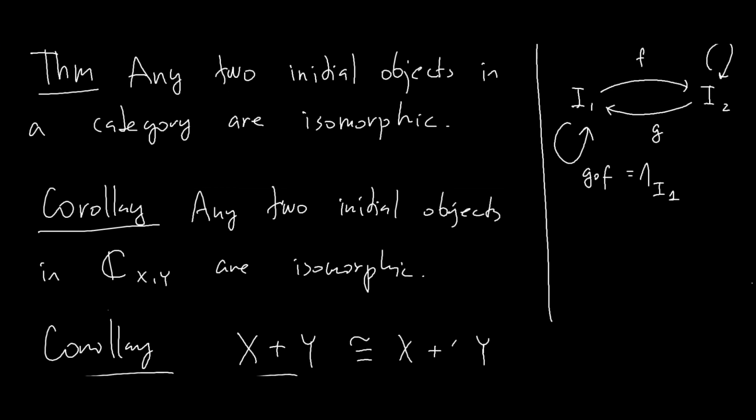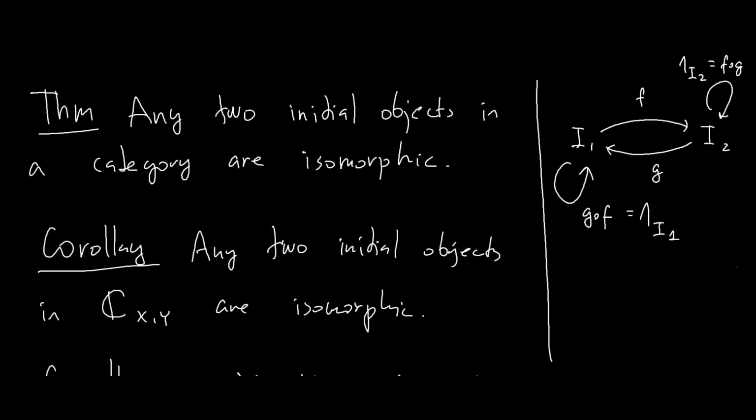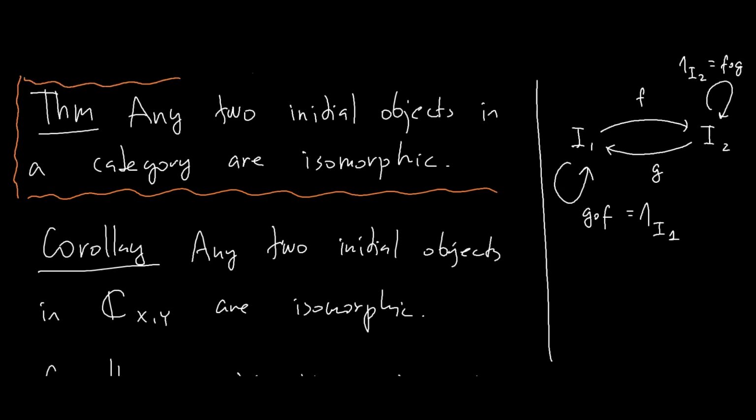So now this fact that two initial objects are isomorphic to each other becomes quite a fundamental fact. In fact, in a half joking way, but half serious way, I like to think of this theorem as the fundamental theorem of mathematics.